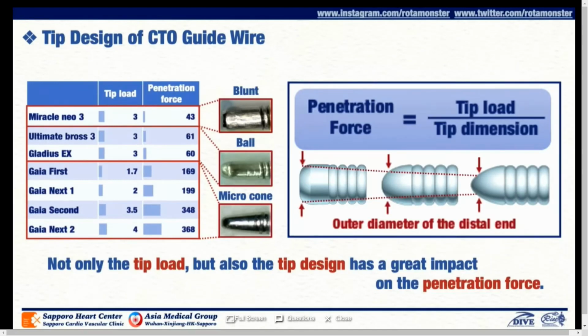Although the tip load of the Gaia family is not high, the penetration force is extremely large because of the microcone tip. Therefore, you may understand that not only the tip load, but also tip design has a great impact on the penetration force.